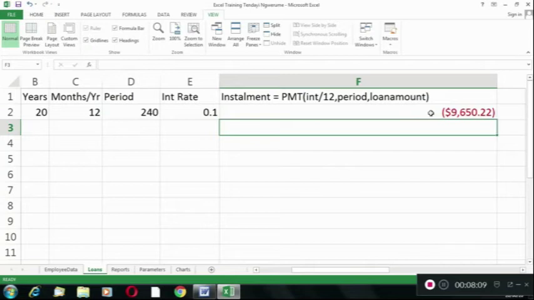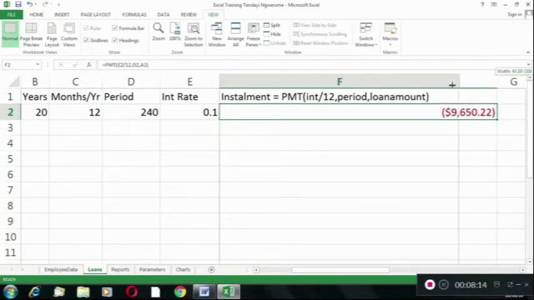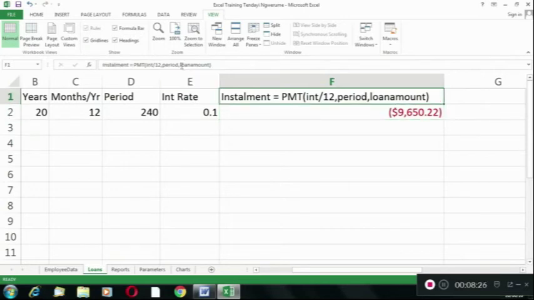So you can see that it gives us a negative 9,650 per month. So what we need to do is to put a minus sign in front of the loan amount. So we put a minus on the loan amount.